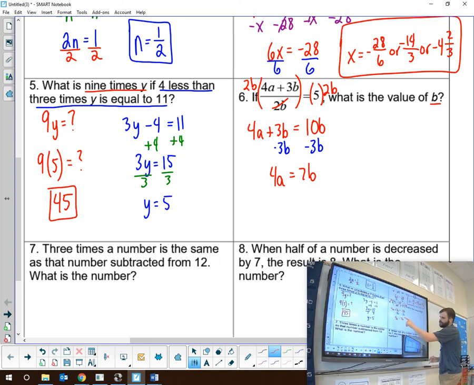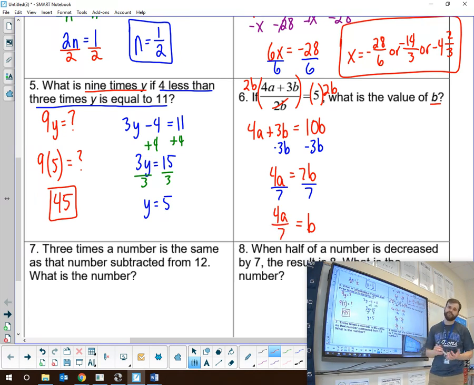And we are not looking for what a is. We are looking for what b is. So, to get b by itself, I'm going to divide both sides by 7. And that gives me b by itself, but it leaves over here 4a over 7. You might be thinking, how can that be our answer?